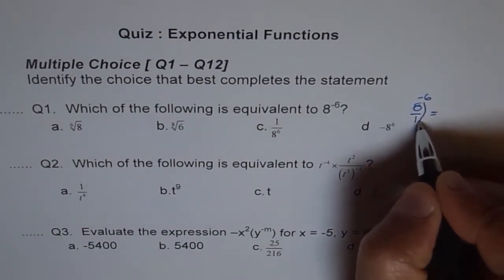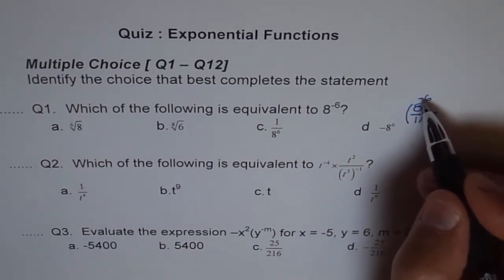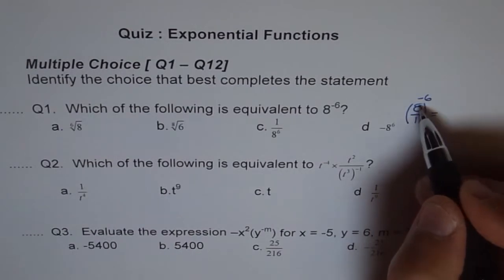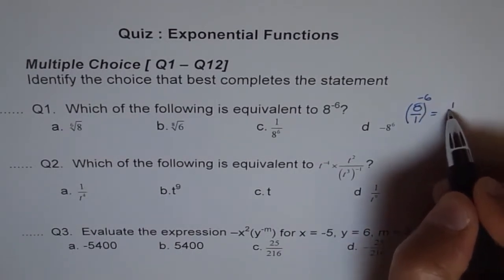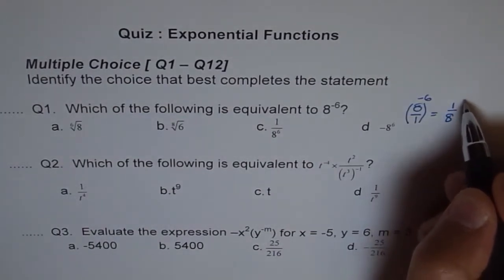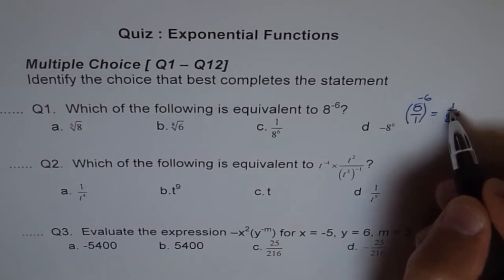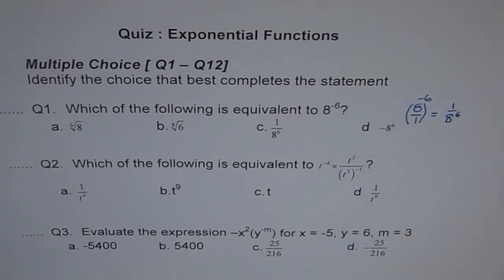When we say to the power of minus, you're going to write this as 1 over 8, right? So it will be 1 over 8 to the power of 6, right?